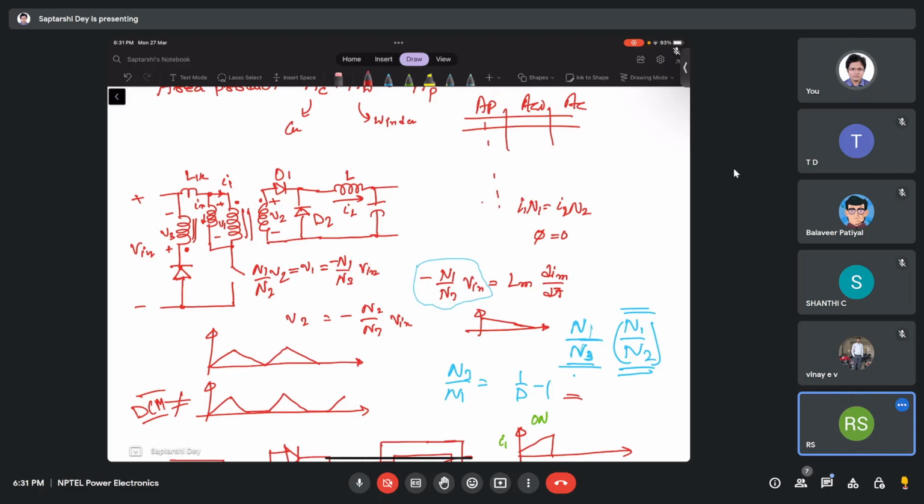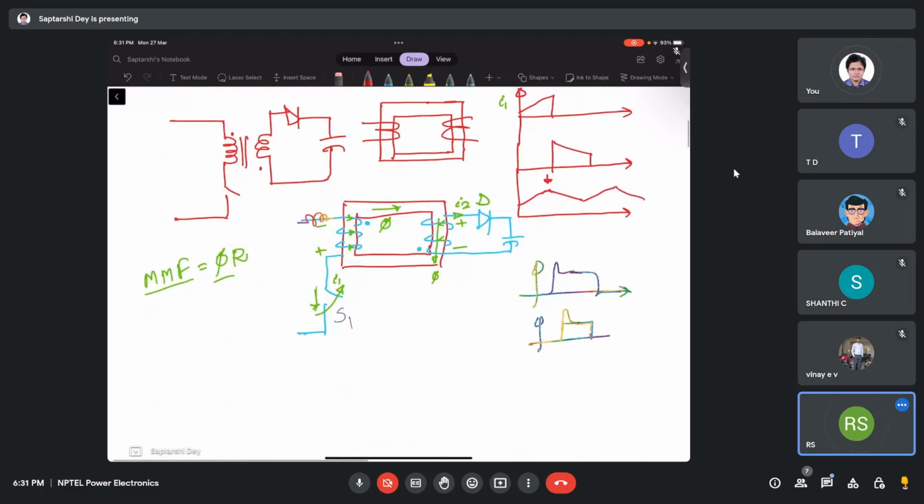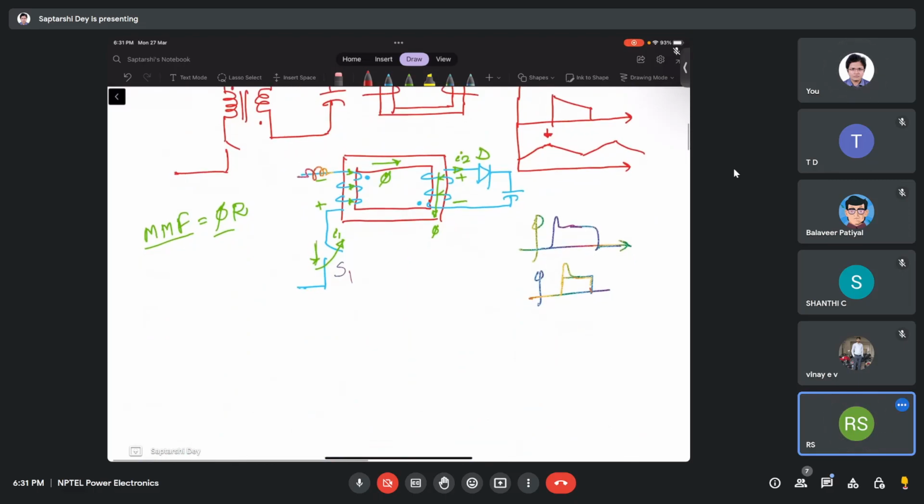Yes, but leakage is a non-ideality, so there are many things that affect it. But leakage is always, see, if you have a core, say a double E core like this, then around whatever you have here, around the windings, everything other than the core is at the permeance of air, be it the former or other things.